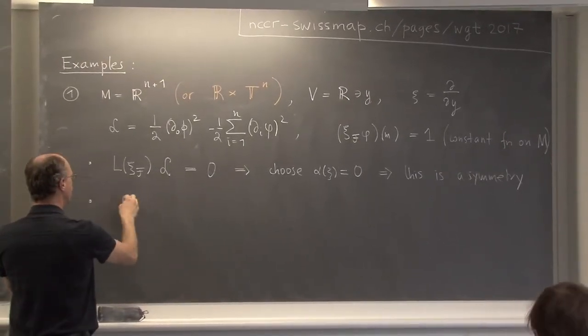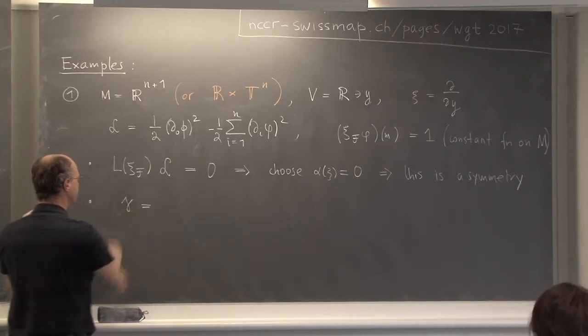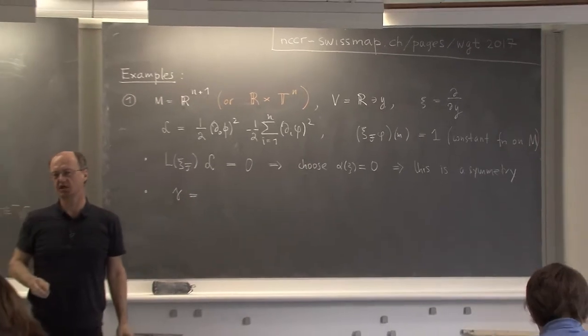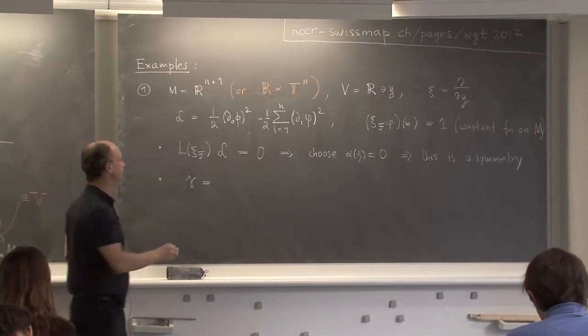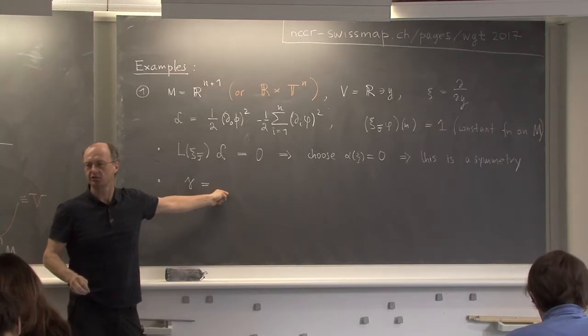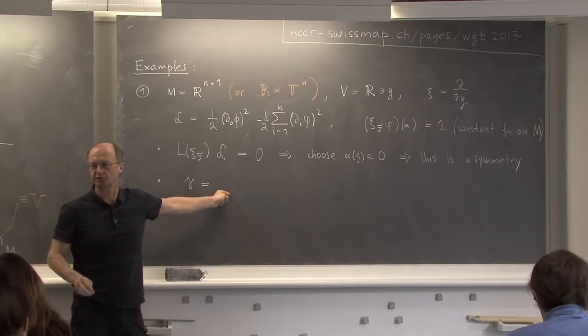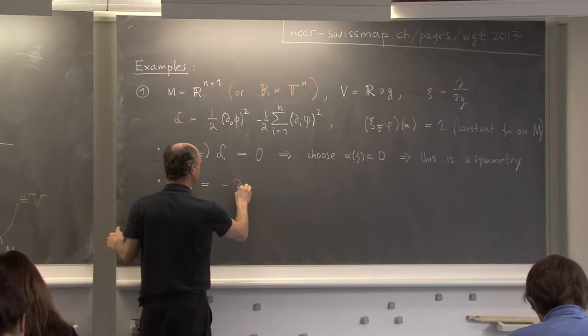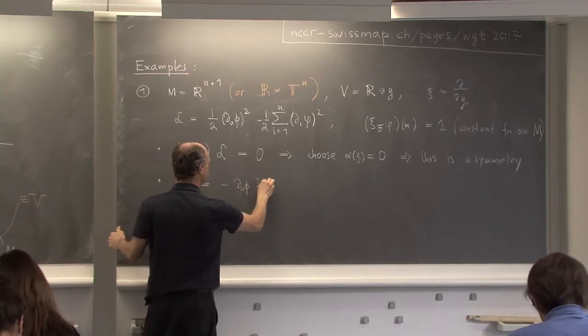Now, to write down j of psi, I have to write down gamma. Gamma, it's a kind of complicated story. Let me do the following. Let me write one term in gamma, and then you complete the other terms if needed. So I think gamma starts with the following term, minus d naught phi delta phi.